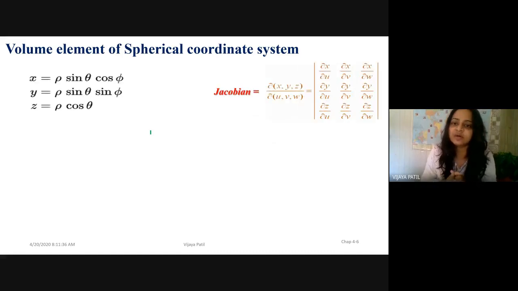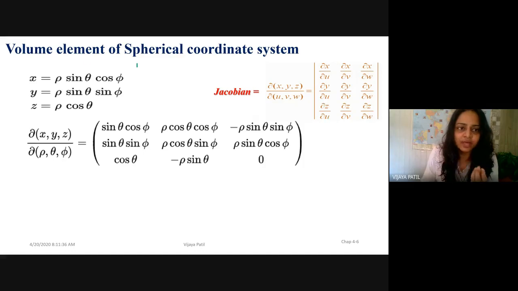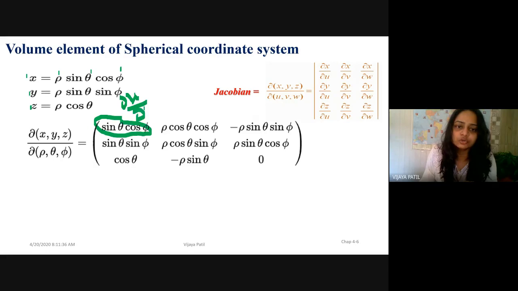So these are the three equations. We'll be using the operator Jacobian here. The Jacobian of the functions x, y, z with respect to u, v and w is given by this equation. Here we have x, y, z, and my right-hand side variables are rho, theta and phi. So I need to differentiate x, y, z with respect to rho, theta, phi. So what is the first entry here? It is nothing but dou x upon dou rho.